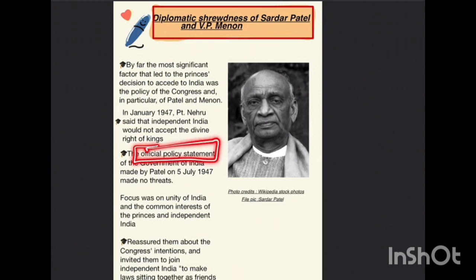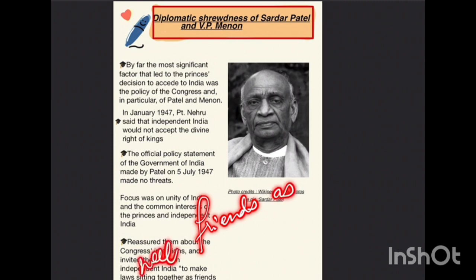However, the official policy statement of the Government of India, in which Sardar Patel played a key role, was released on 5th of July 1947, which used the approach of no threats. It was conciliatory towards the princes. It focused on the unity and the common interests of both the princes and independent India, and focused on making friends and allies to seek their cooperation.